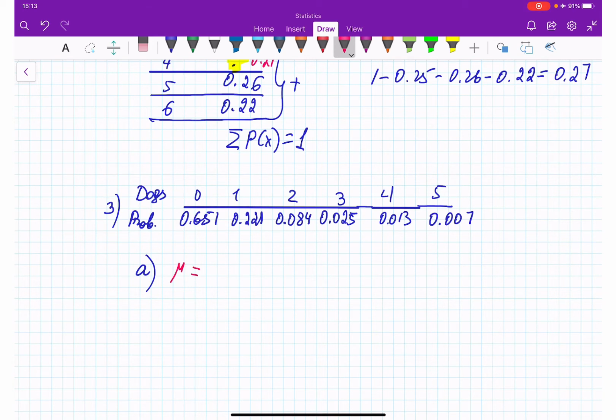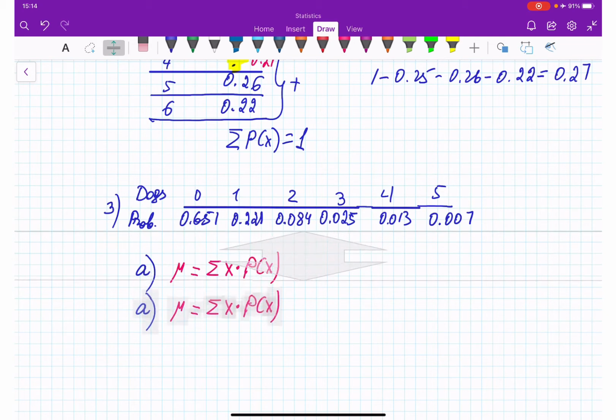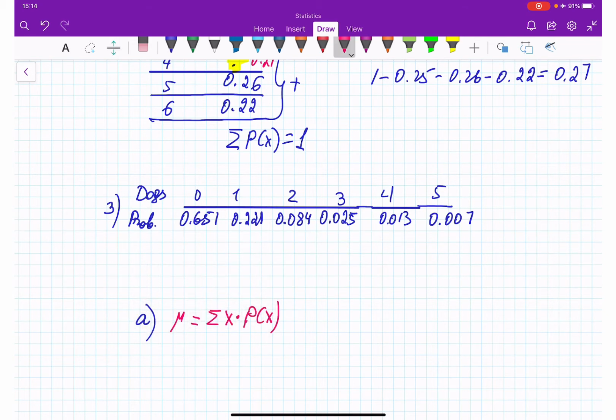For the discrete probability distribution, mu is equal to the sum of x times probability of x. Yes? So, do we have x? Yes, that's the dogs, the amount of dogs. And here is probability of x.